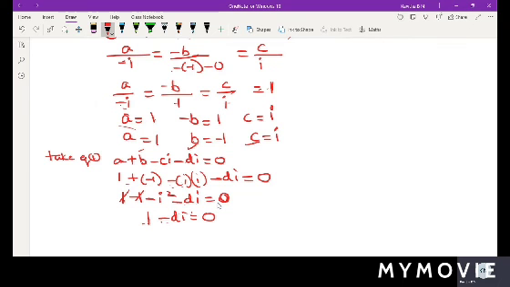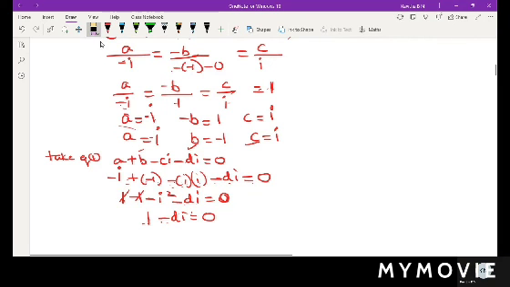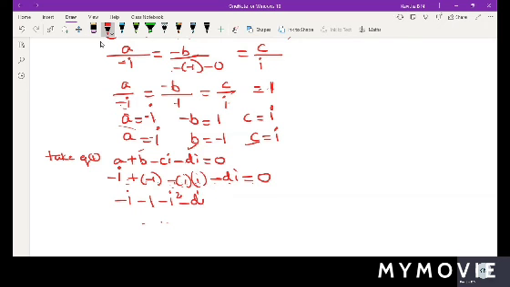Here the a value is what? Minus i into 1 is minus i. The a value is here minus i. Then minus i plus minus of 1 minus i into i minus di. Then minus i minus 1 minus i square minus di is equal to 0.